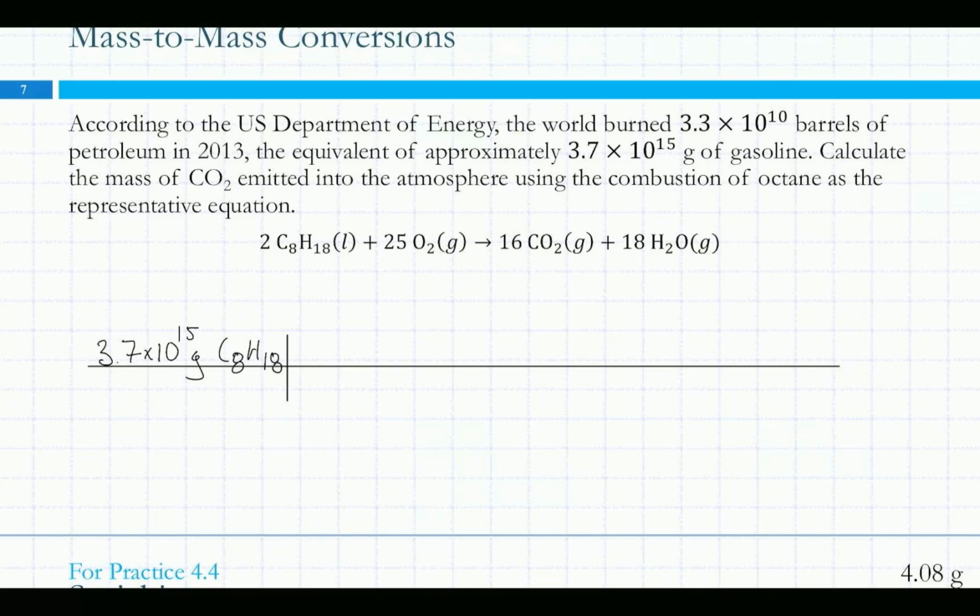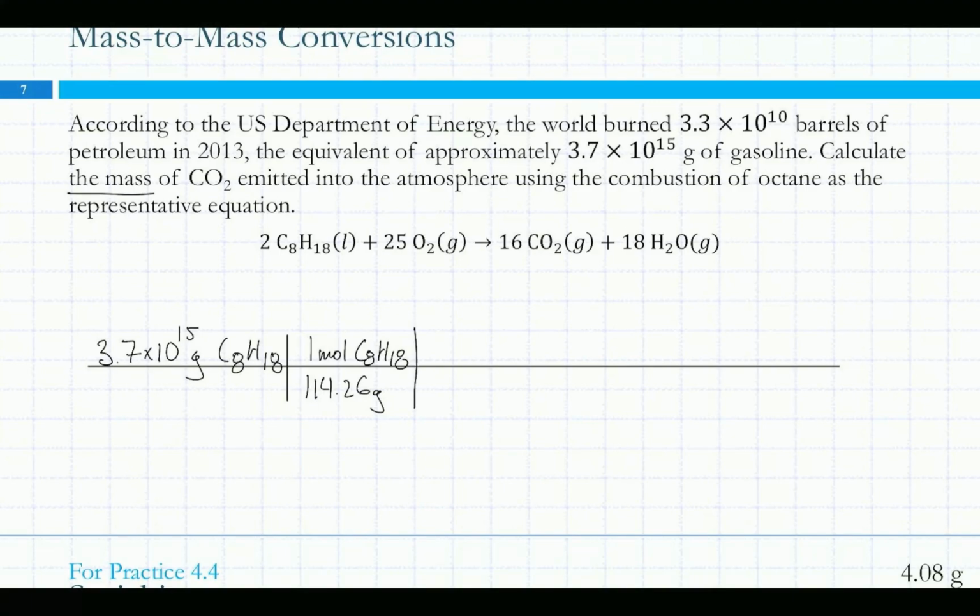So it says calculate the mass of CO2. So we'd go back to grams. Yeah, so we need the molar mass of octane. So that's 114.26 grams for every 1 mole of octane.